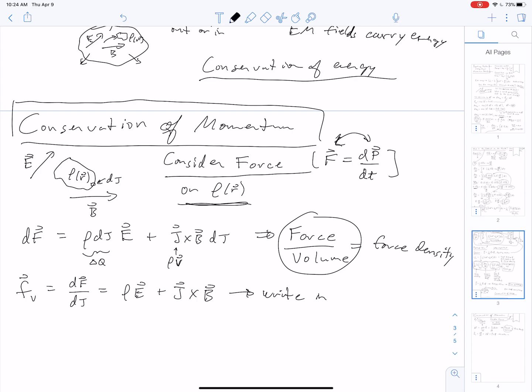To do that, we're going to use the same trick that we did before, plus a new trick actually. Let's get rid of the charge density and the current density and change to fields. And how do we do that?